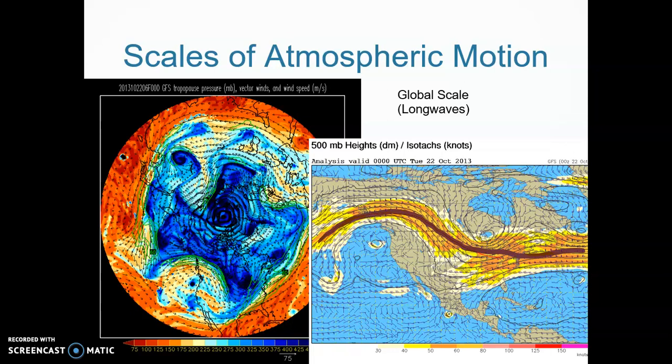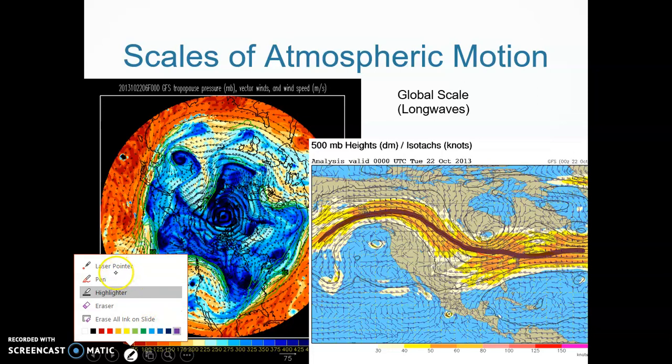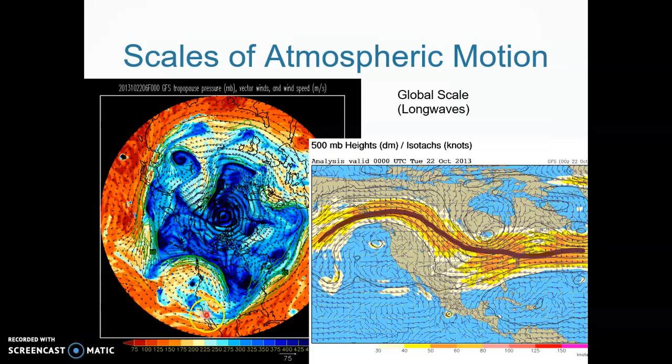But on the left, what we're looking at is the North Pole. Let me grab a laser pointer here. Here is the United States, North America. Europe is over here. Here's Asia. And so right here, we're looking at the North Pole.